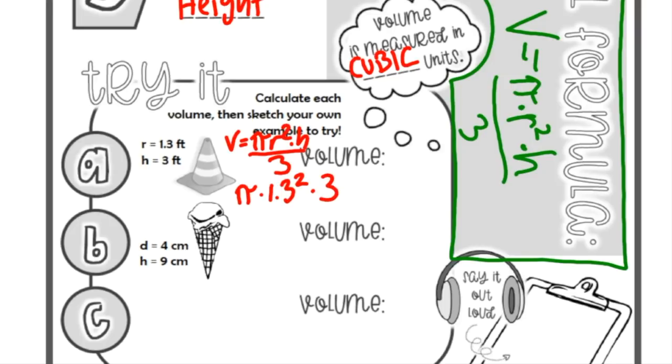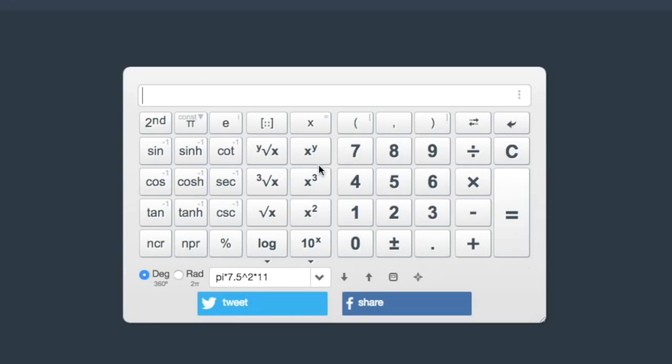And then once you get that all together, you're going to divide the entire thing by 3. You are going to hit pi times 1.3. You're going to square that, that's the radius squared, times 3, which was the height. And I'm going to have you hit enter.